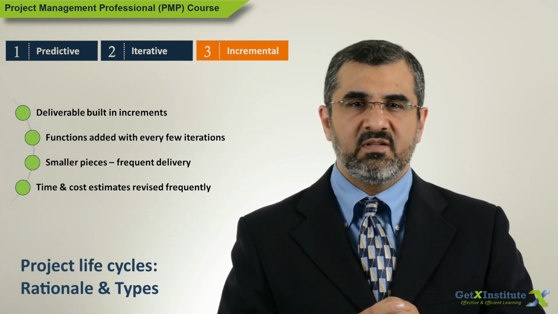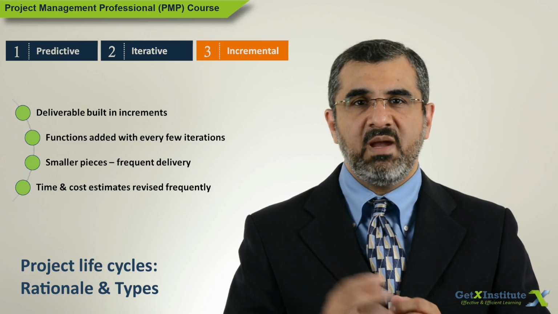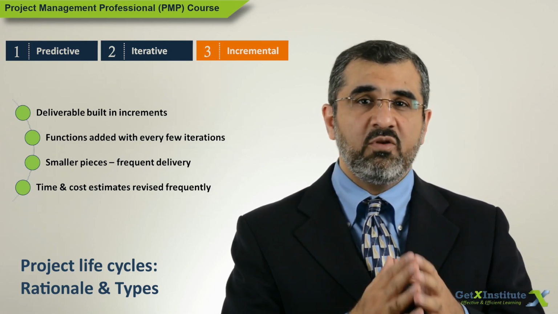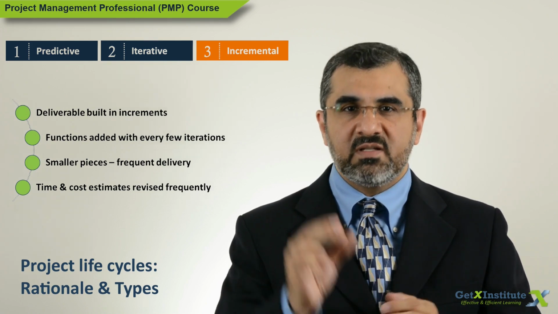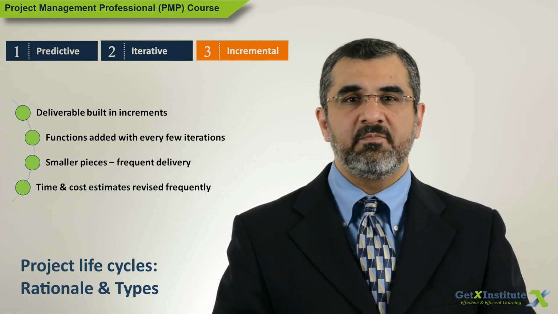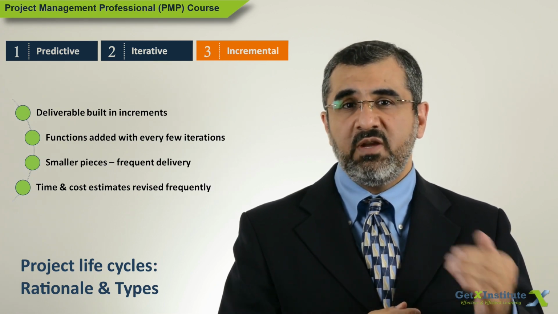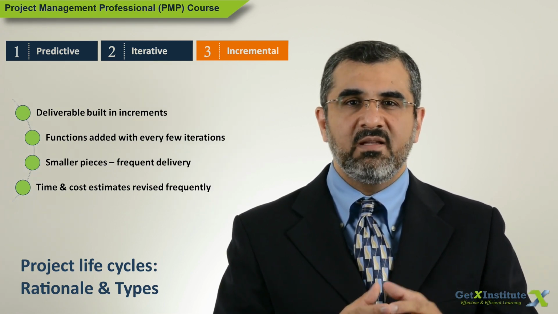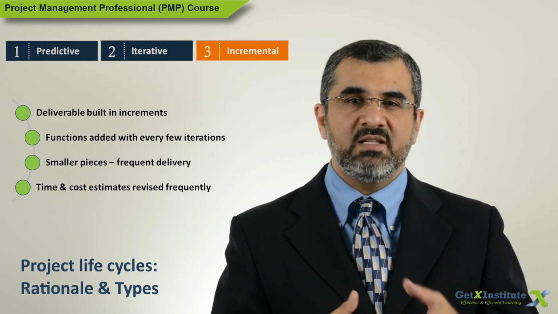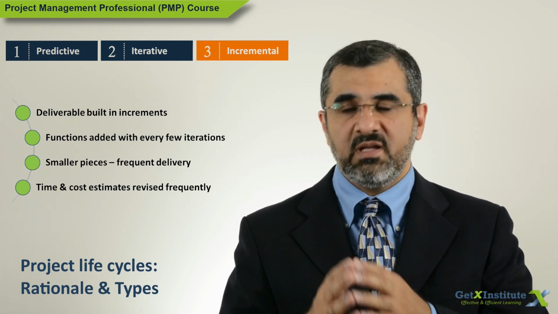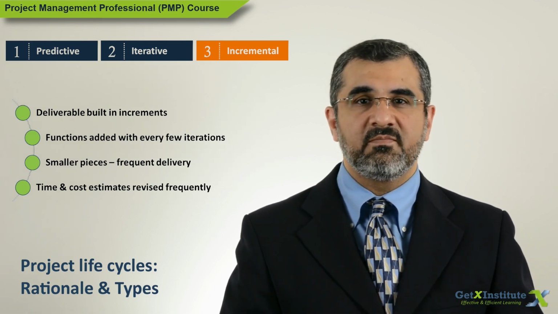The key difference between iterative and incremental is that iterative delivers large chunks a few times, while incremental delivers smaller pieces frequently. Iterative gets estimates reviewed frequently, and based on feedback, the details may get revised several times, but this happens much less often in the incremental approach.